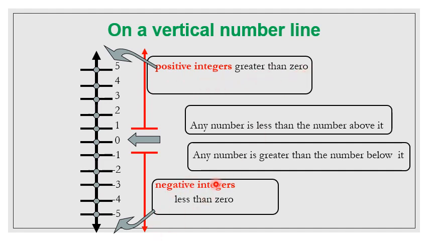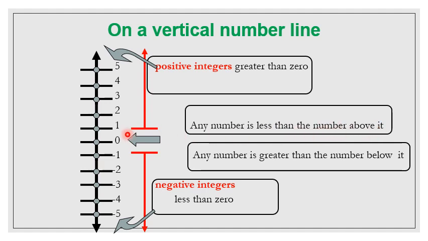What about negative integers? Negative integers are less than 0. Again, if I want to compare them to each other, I can say any number is less than the number above it.